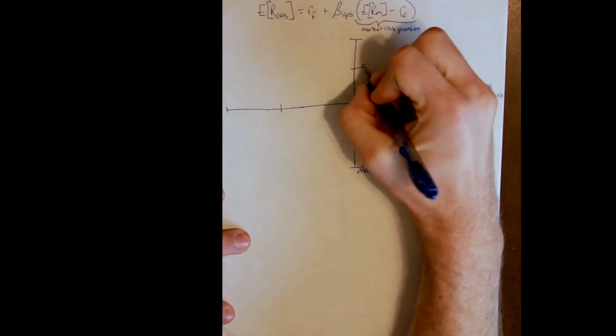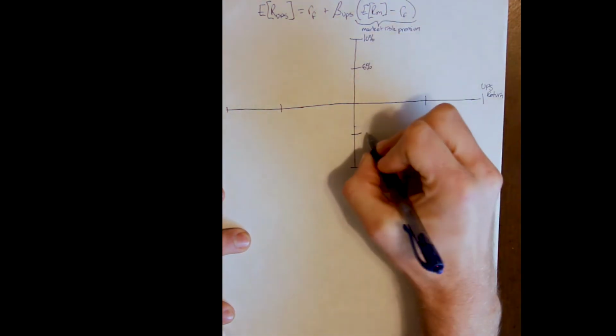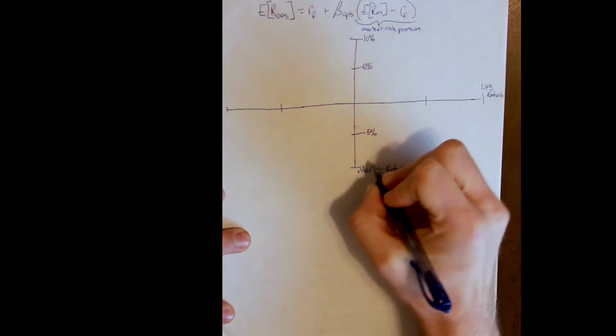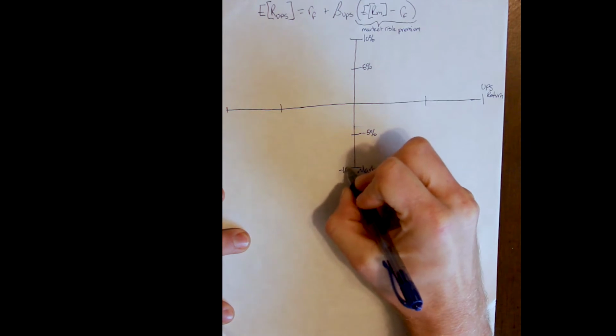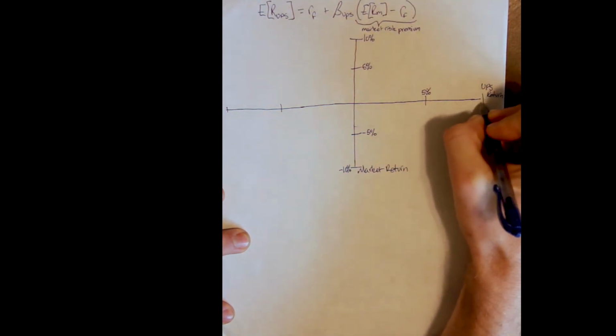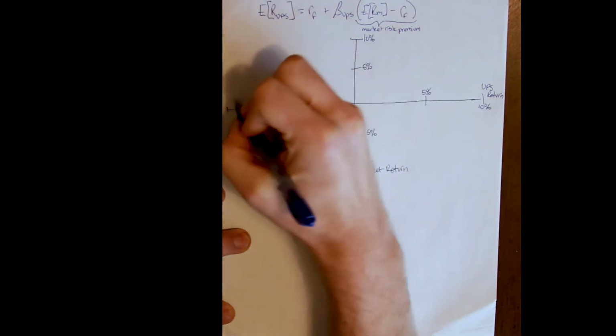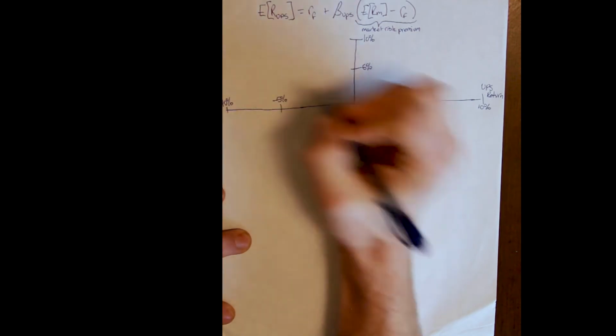We'll say this is positive 5% average market return, positive 10% average market return, negative 5 and negative 10%. And then for UPS, positive 5 and positive 10% return, and negative 5 and negative 10% return.